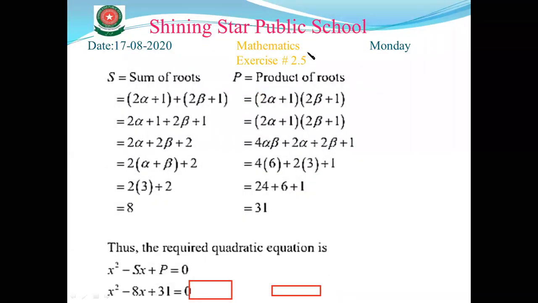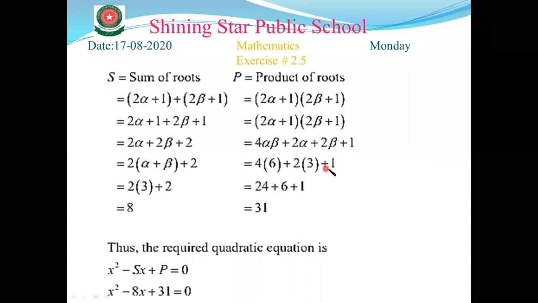So here is 3. Now the product: 2 alpha plus 1 multiply 2 beta plus 1. When we multiply them, 2 alpha multiply 2 beta is 4 alpha beta. 2 alpha multiply 1, 2 alpha. 1 multiply 2 beta, 2 beta. 1 multiply 1, 1. Alpha beta is 6. Take the common 2.